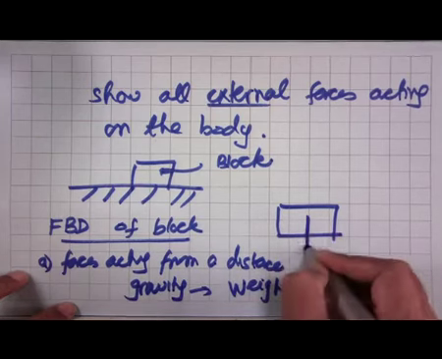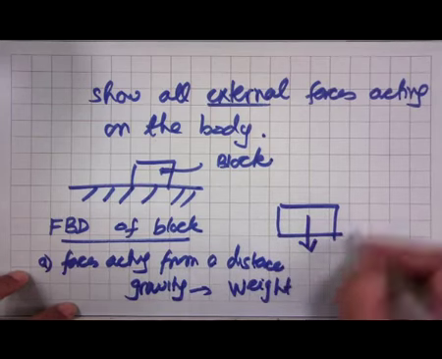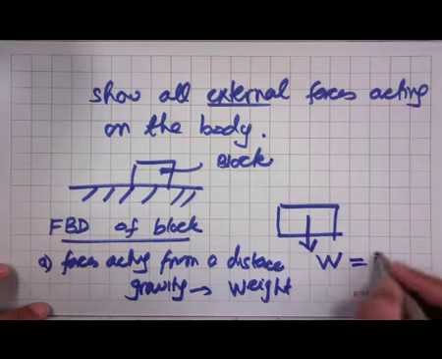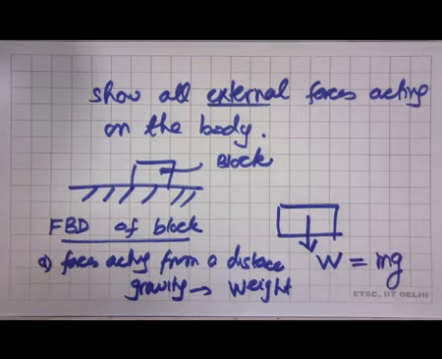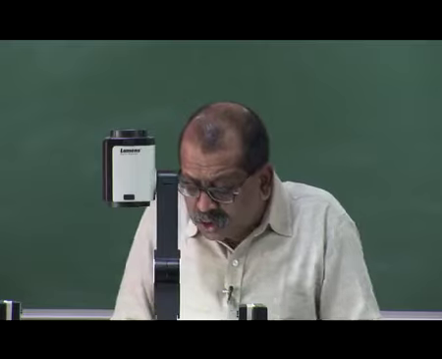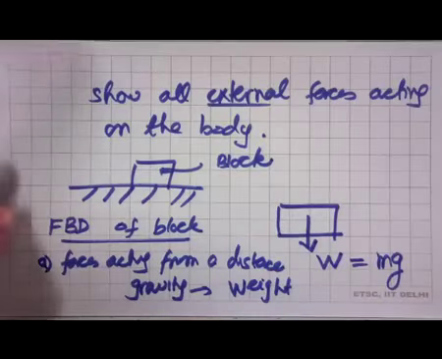So, the first force we show on this block is its weight W, and sometimes we can show it as W or we can write it as mg, where m is the mass of the block, and we may have to use W is equal to mg in the problem. So, this is forces acting at a distance.